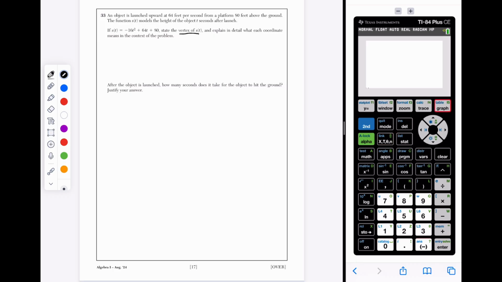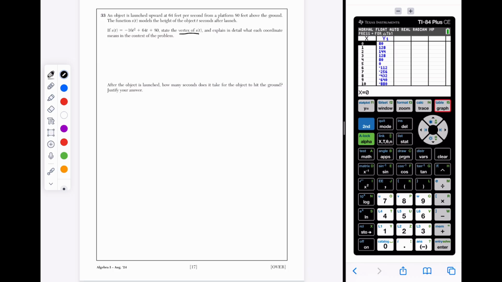And you can graph this, and of course you're going to get something like this at first, so you may have to really zoom out, and zoom out again, and again, and you're like, oh my god, this takes forever. So don't worry if that happens. You can just hit second and go into your table, and here you can look for that vertex, like where your graph is going to change.